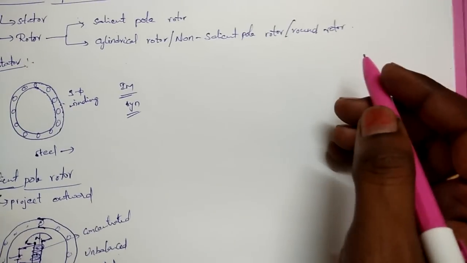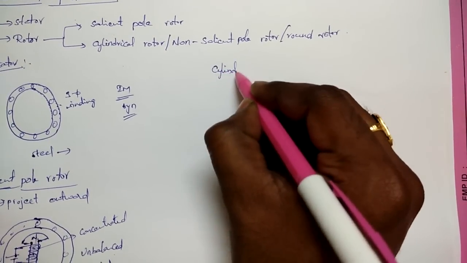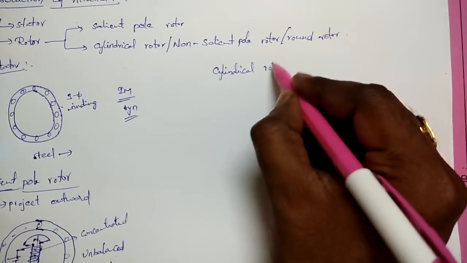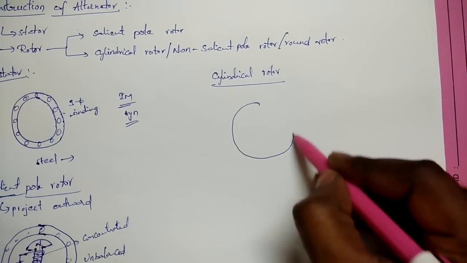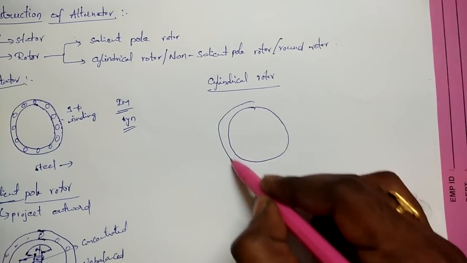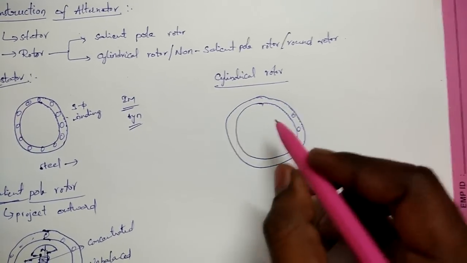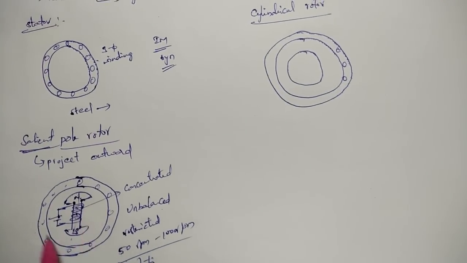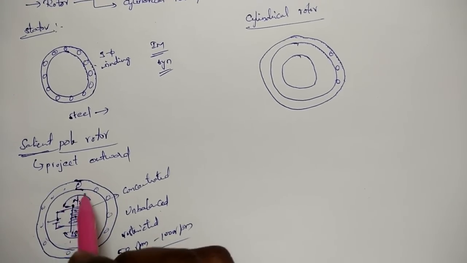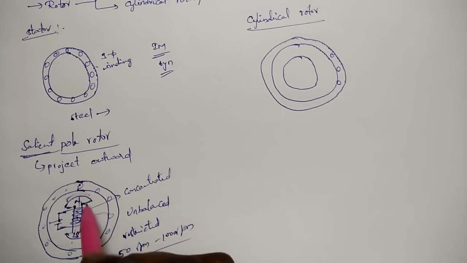Next we will go to the cylindrical rotor. It is like this. This is the stator, and the stator has slots, and this is the rotor. One more point: in the salient pole rotor, the air gap is non-uniform. Here the air gap is less, and here it is more.